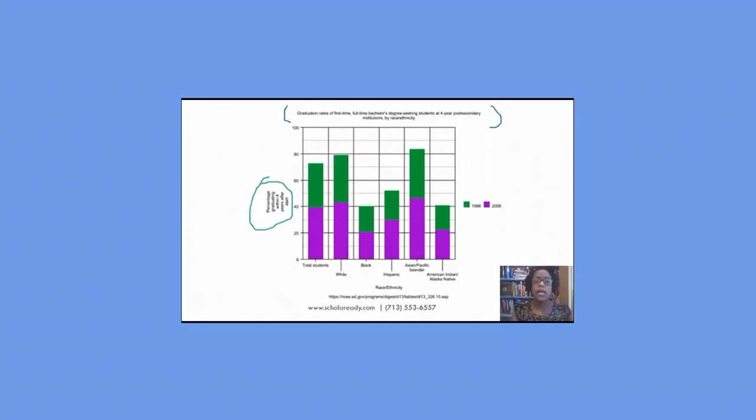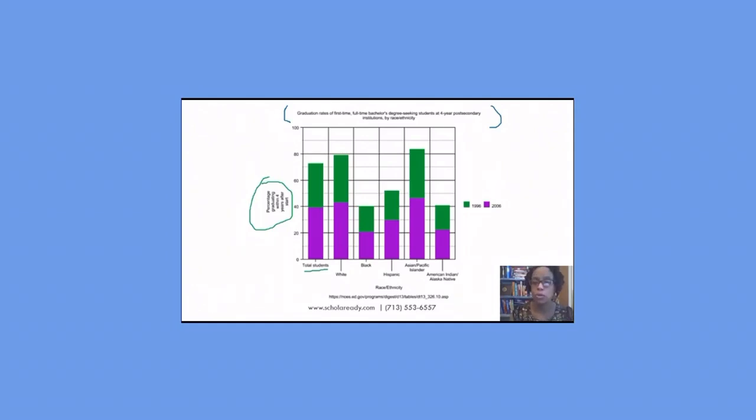Now let's take a look at the x-axis. The x-axis represents these different labels, these different categories. So let's take a look at them. We start with the total students. So what this means is of all of the students who started at a certain time, what proportion, what fraction, what ratio of those students graduated within 4 years?